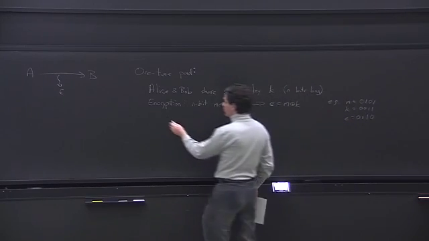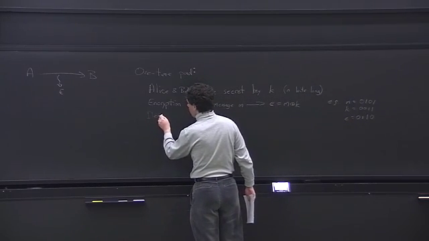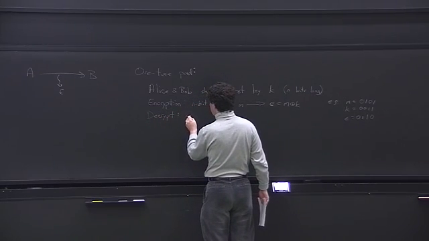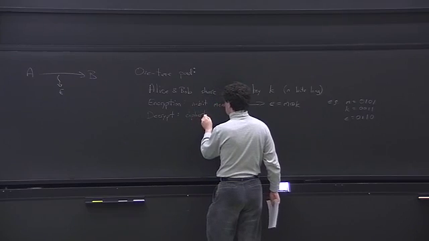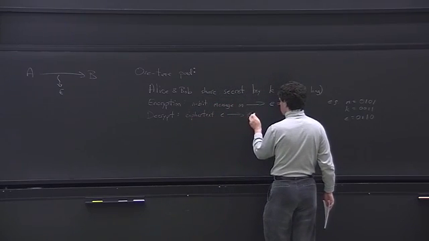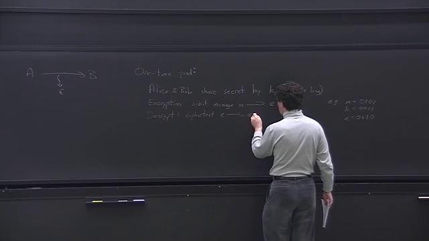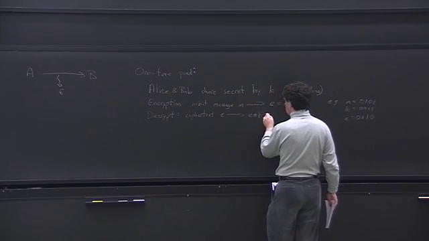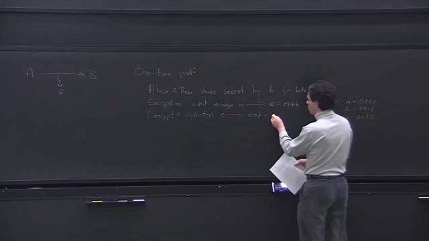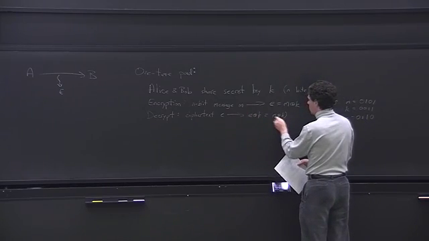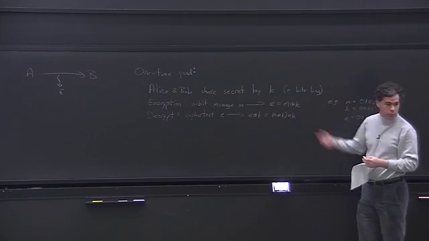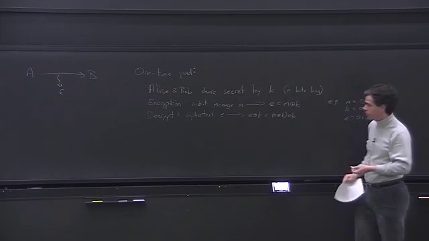And then to decrypt, Bob simply does the same thing again. Given the ciphertext E, he takes E plus K. And of course, since E is supposed to be M plus K, this is M plus K plus K. And in binary arithmetic, when you XOR twice with the same thing, that cancels. 1 plus 1 is 0.